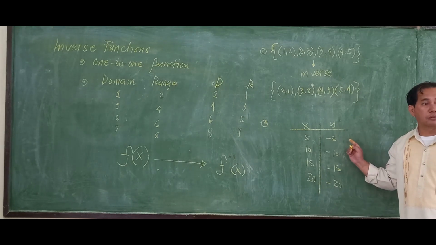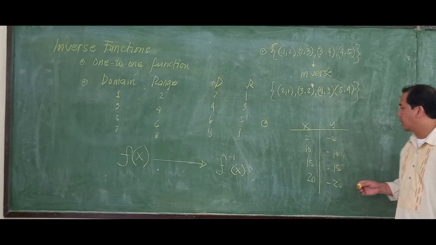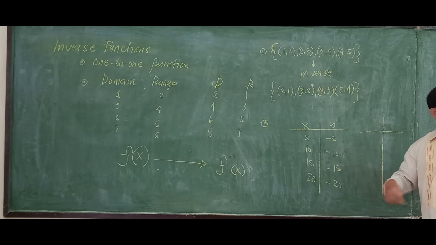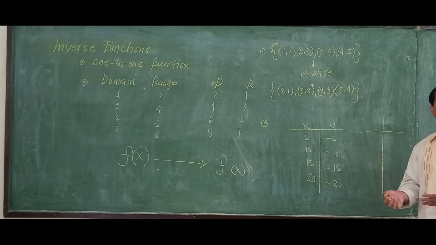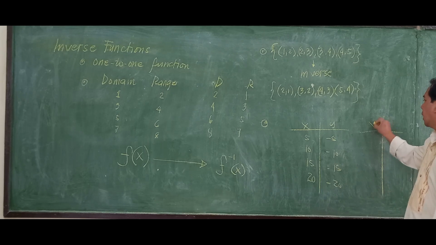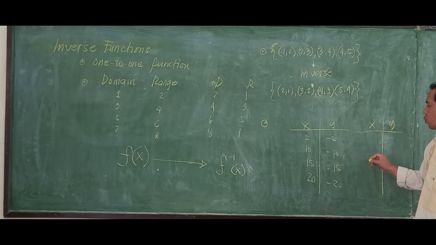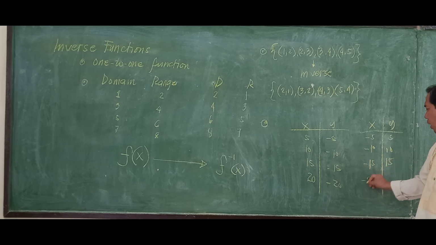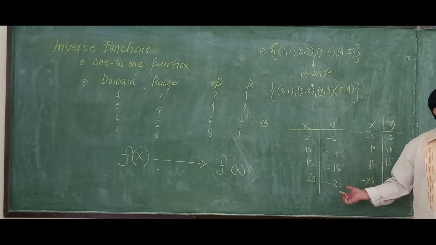What is the inverse of these points or coordinates? Meaning, it will follow the interchanging of the values of the domain and the range, or the x and y. So if we are going to get its inverse, we say negative 5, 5, negative 10, 10, negative 15, 15, negative 20, 20. See? It's very easy to get the inverse.